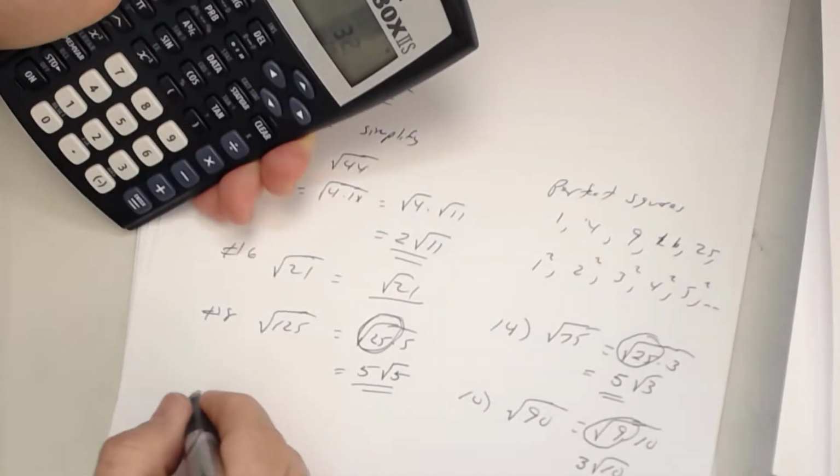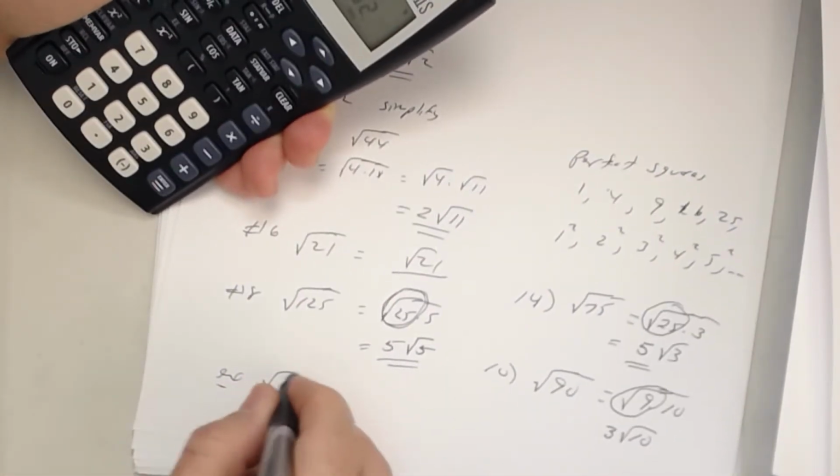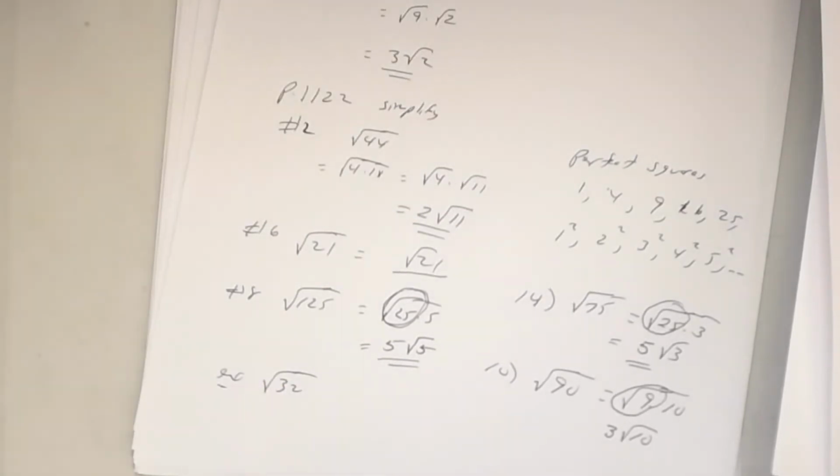Okay. Let's look at this. Write this example, square root of 32. All right. What perfect square goes into 32? 4. 4 goes into 32.